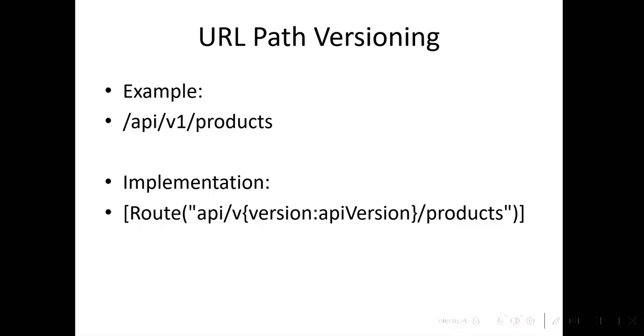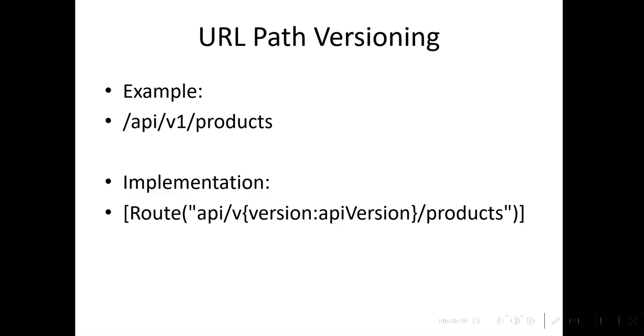The benefit of URL versioning is that it's easiest for the client to understand. From the URL itself the client can see which version they are using: v1, v2, v3. It gives clear separation of versions, and convenient routing and documentation.